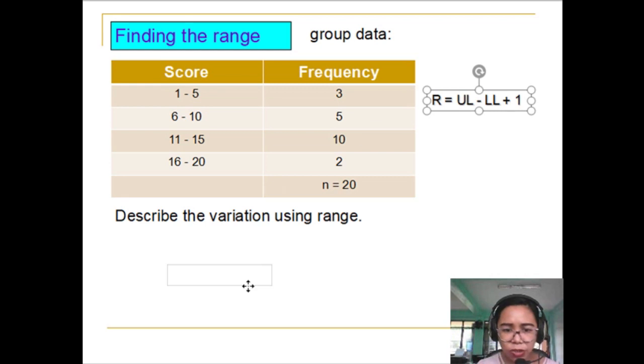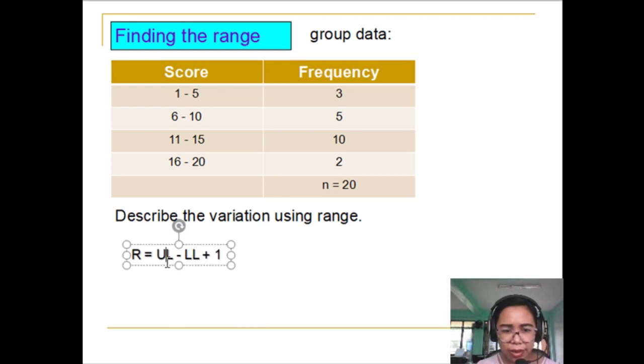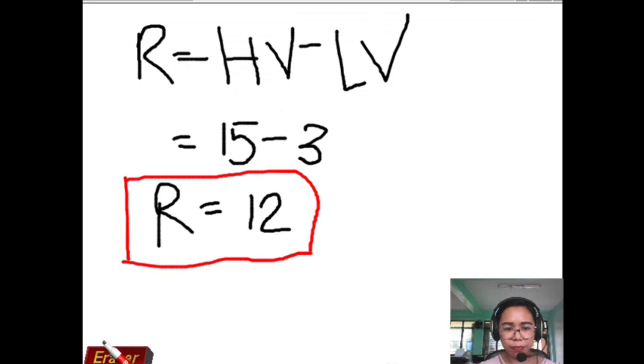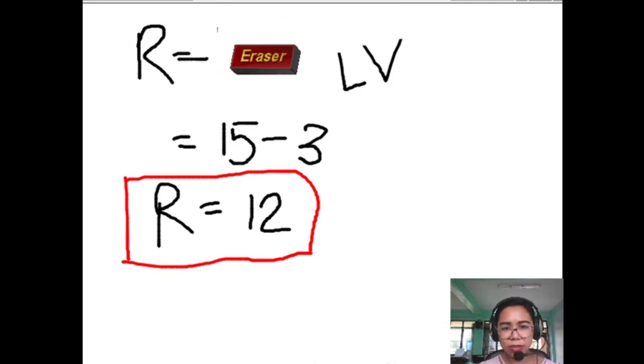So range is equal to the upper limit of the highest class interval minus the lower limit of the lowest class interval plus the constant one. So let us erase this.